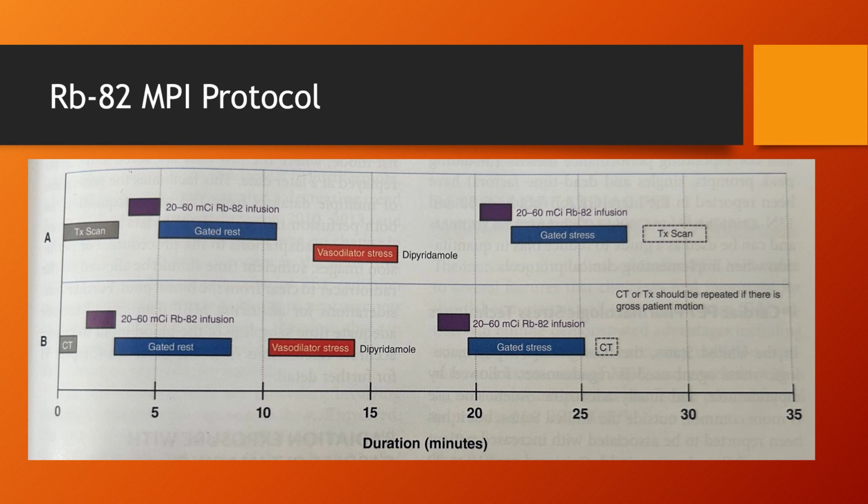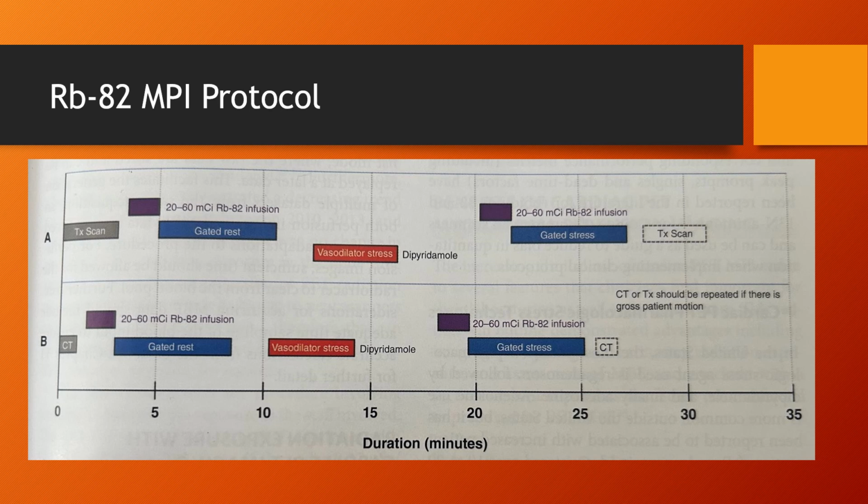That infusion takes a couple minutes, and then you start the gated rest. Gated rest will take about 6 to 7 minutes. And then there's a little bit of a break, 1 to 2 minutes while you're setting up. The patient will receive their vasodilator, whatever vasodilator drug that your facility is using.